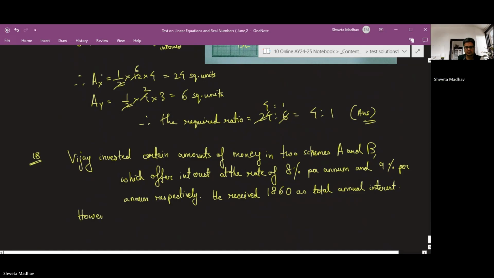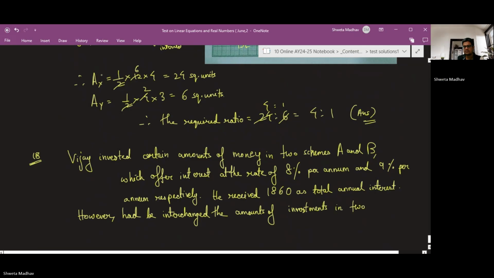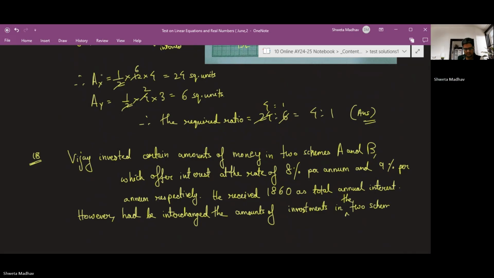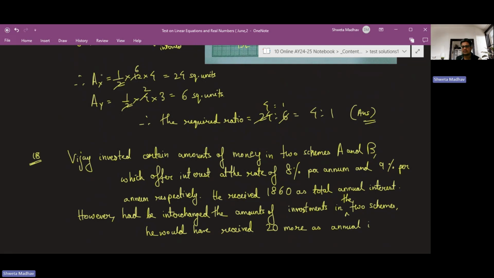However, had he interchanged the amounts of investments in the two schemes, he would have received rupees 20 more as annual interest.